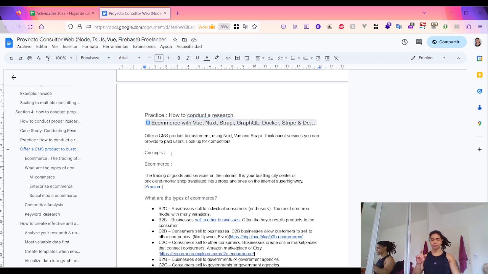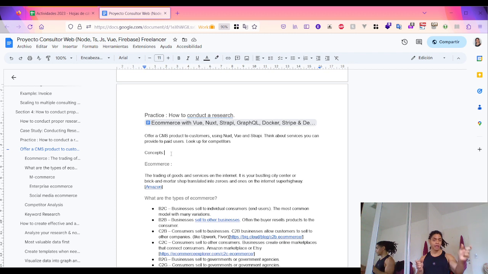Because here is what I saw. Once I conduct this research on e-commerce, first I need to understand what an e-commerce is, and look at the different sources so you can create your own opinion matrix.